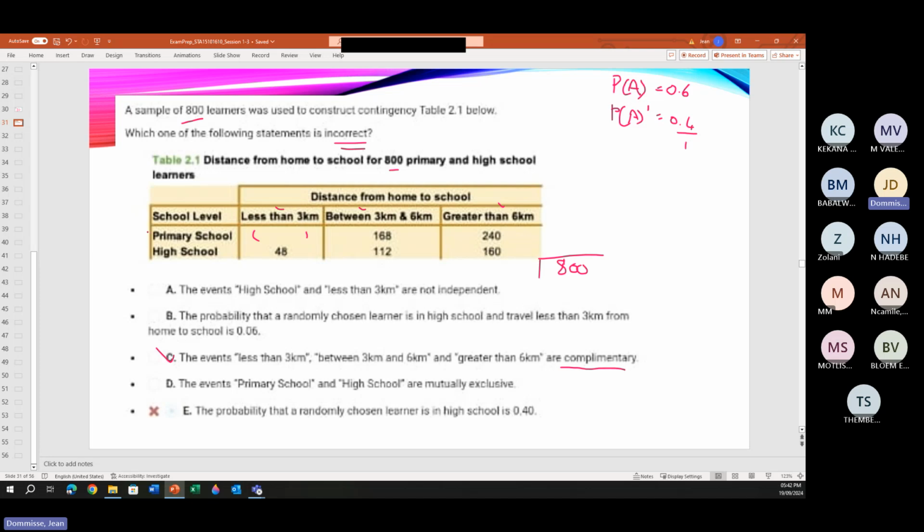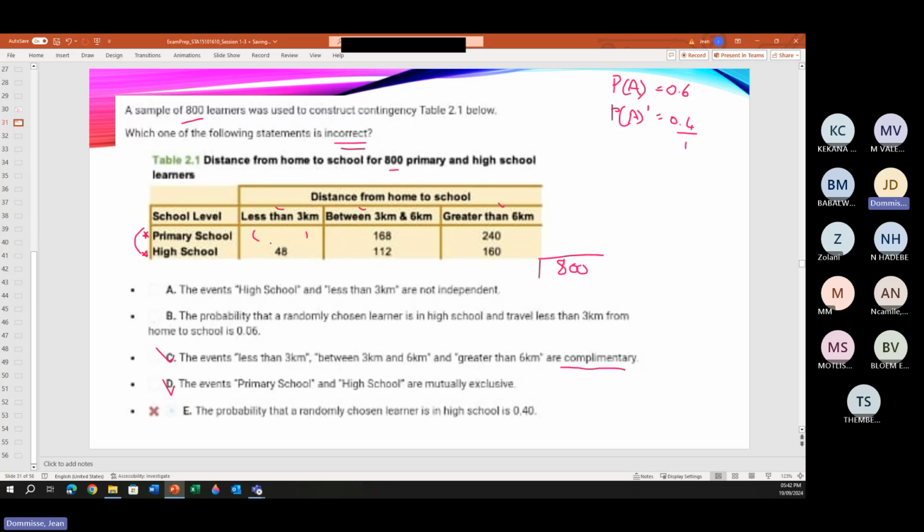Okay, so you can't be in primary school and high school at the same time. So they are mutually exclusive. So that did not solve it, and we need not work out anything. So then let's just start at the top one.